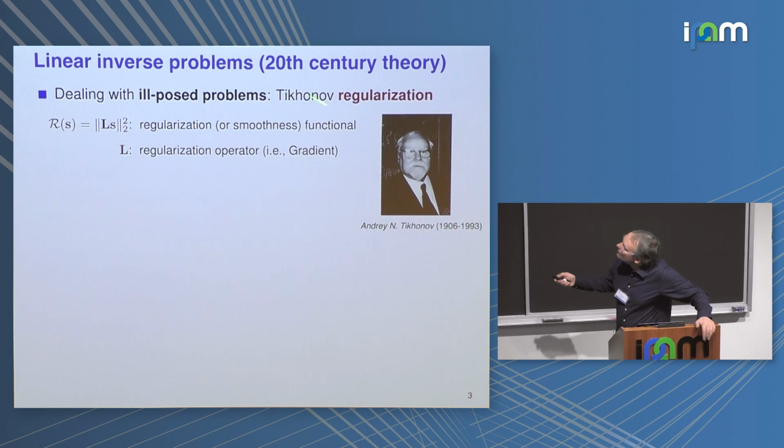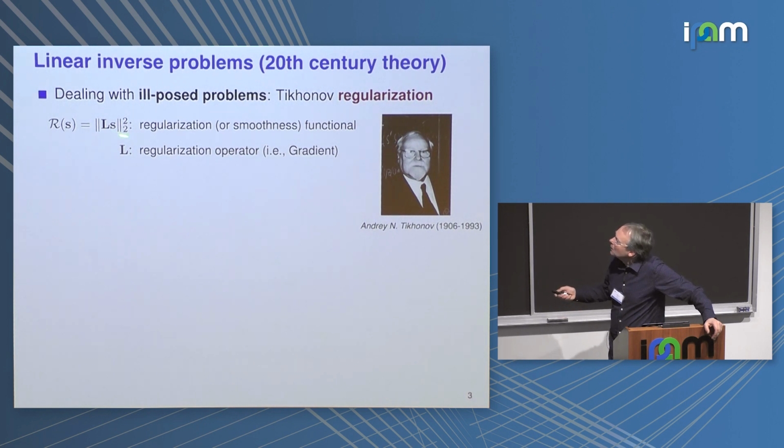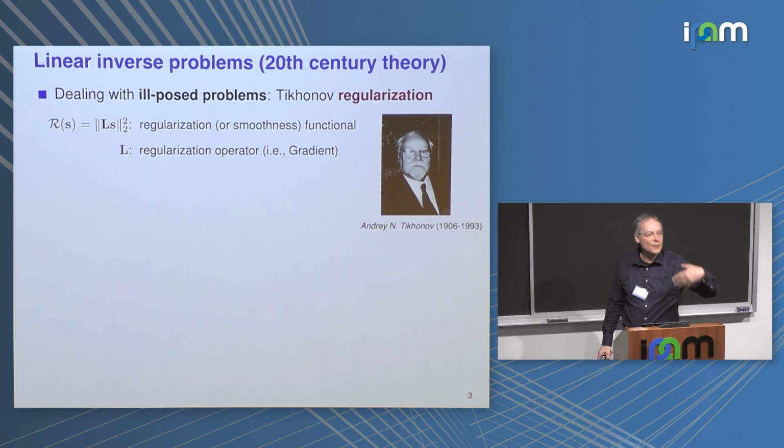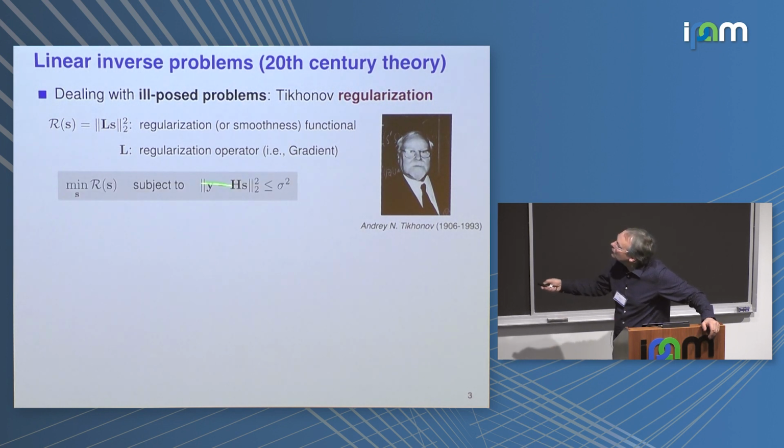Okay, going back to linear inverse problems, here's a little history. We have an ill-posed problem, because you may have a system that's not easy to invert. So what you do is introduce some energy function, the energy of some operator applied to the image. Think of the gradient. This is Tikhonov, and you can recast it like that.